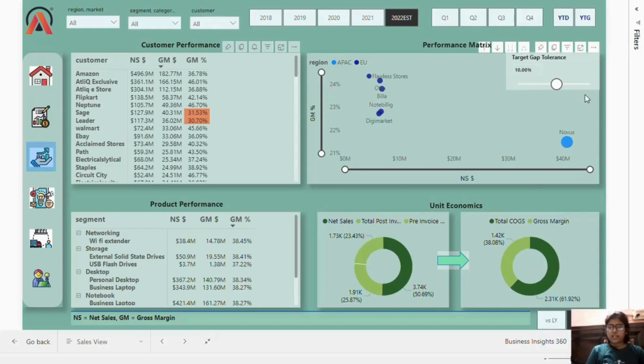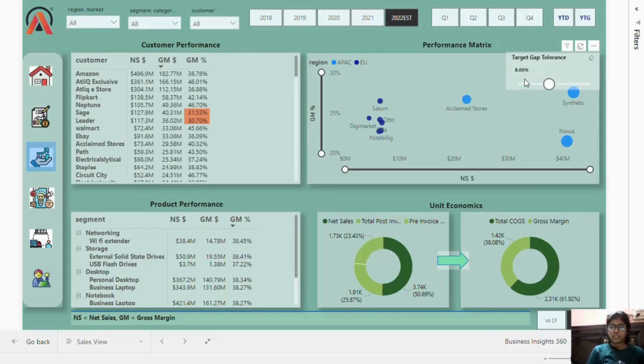Here I also added a parameter called the target gap tolerance. What it shows is that these are the customers who are 10% below the targeted gross margin. Similarly, if you drag down to 8%, it shows all the customers who are 8% below the targeted gross margin.